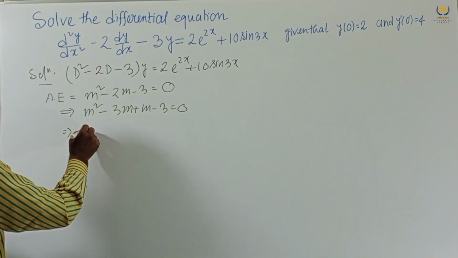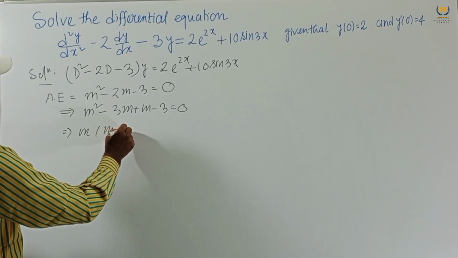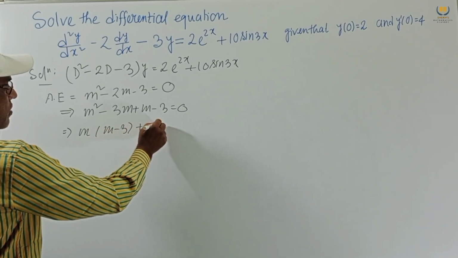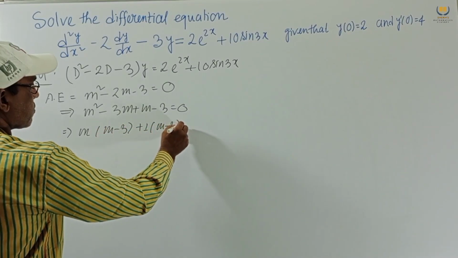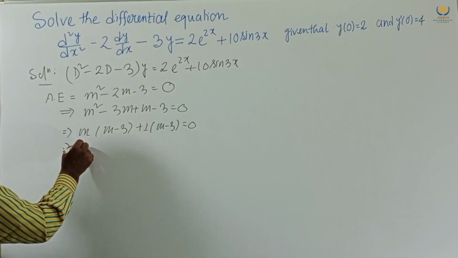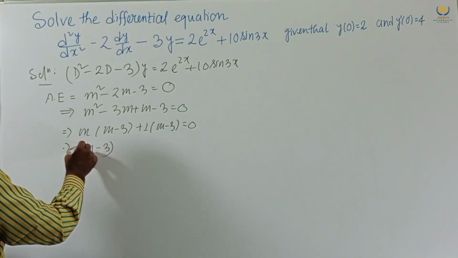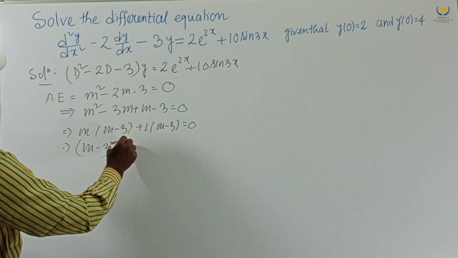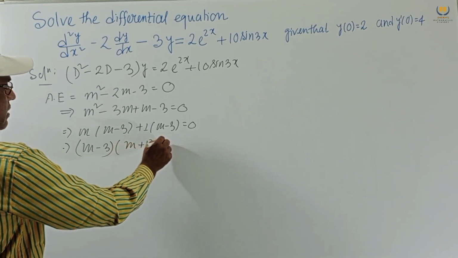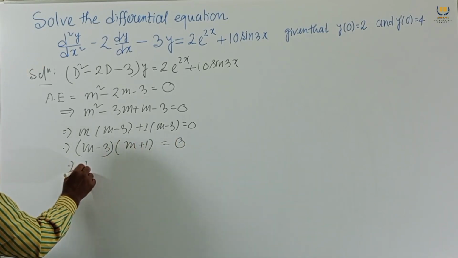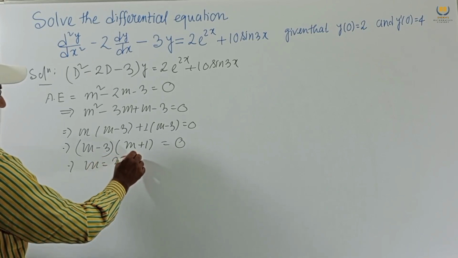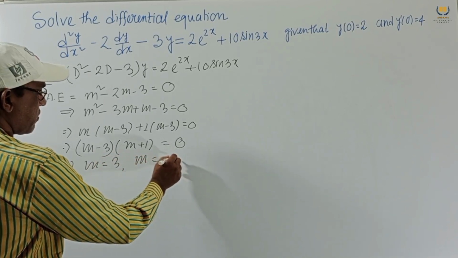Taking m common, m into (m minus 3) plus 1 into (m minus 3) equal to 0. This is (m minus 3)(m plus 1) equal to 0.